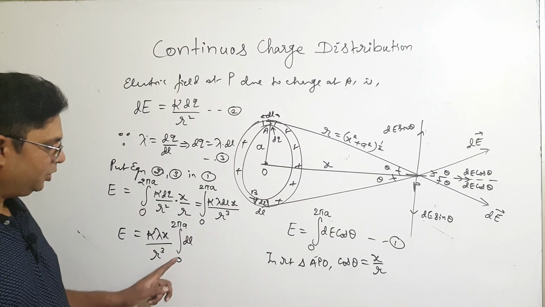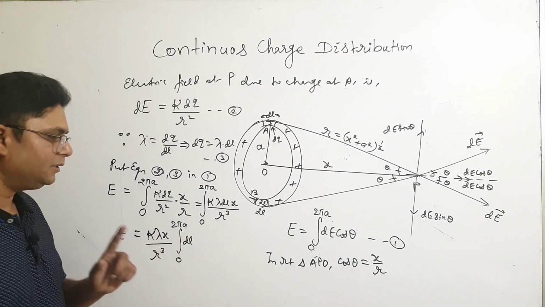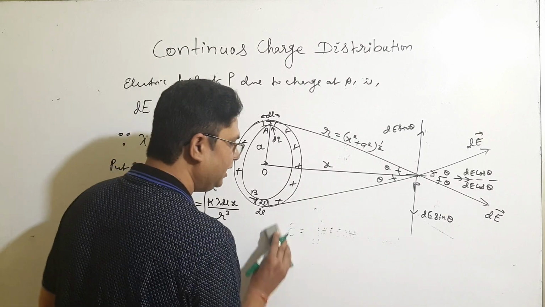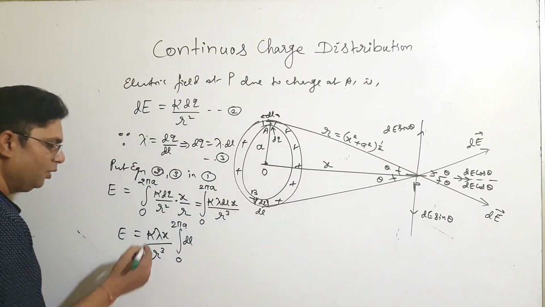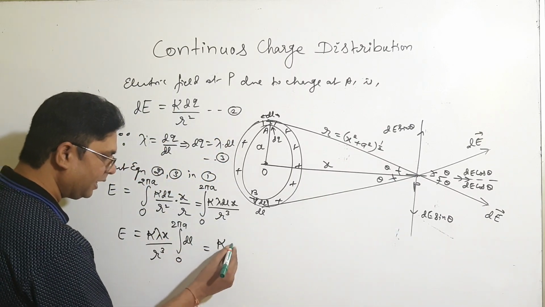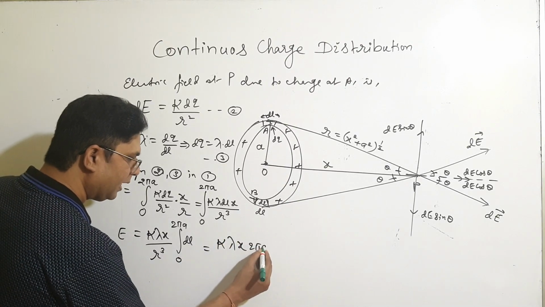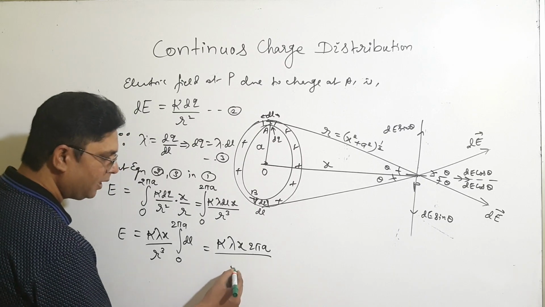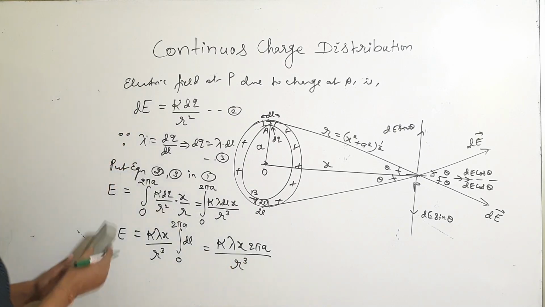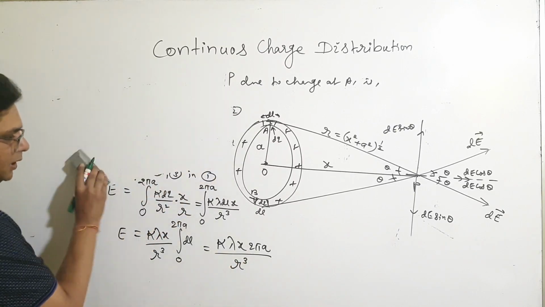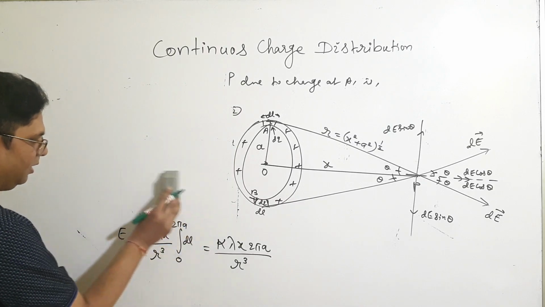Integration of 0 to 2 pi a dl is 2 pi a. So you write this as k lambda x 2 pi a divided by r cube. We have just written the formula which we get.